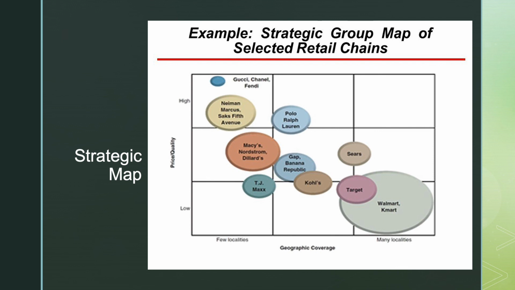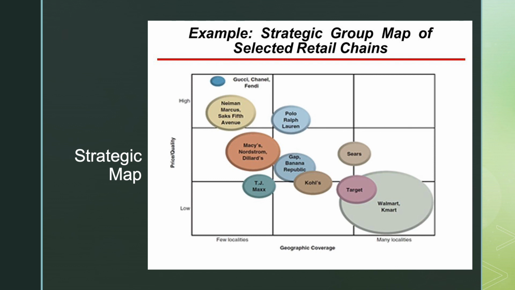So we move up from Target, we get into our individual shops, and finally at the very top there, you can see really differentiated and very narrow market, our really high-end Gucci, Fendi, Chanel type stores.